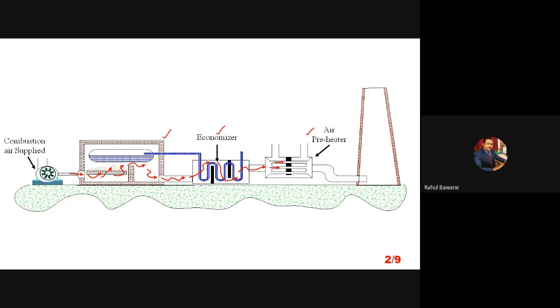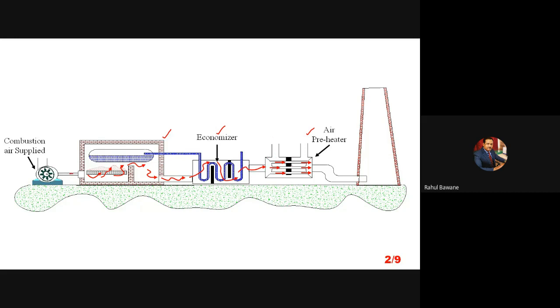Now when they pass through the air preheater tubes, with the help of a blower, air enters the air preheater. It will flow over these hot fire tubes and get preheated. That means its moisture is reduced, its temperature increases, so it promotes combustion.